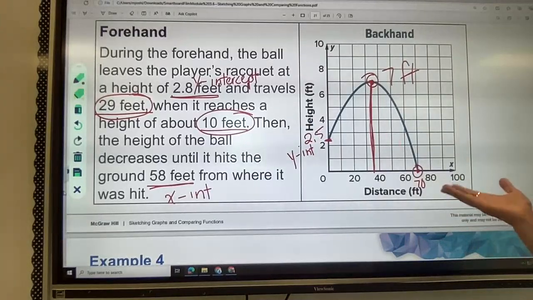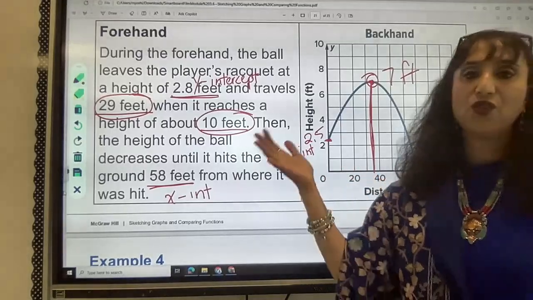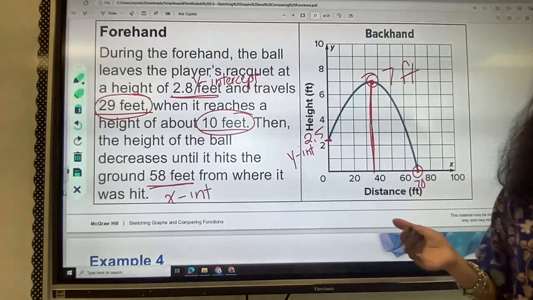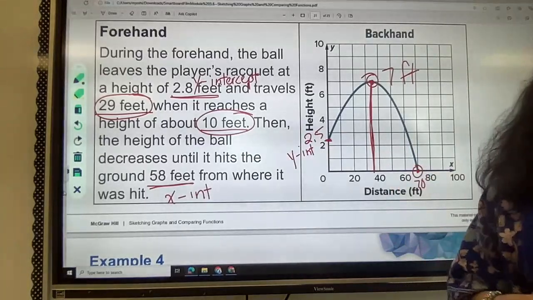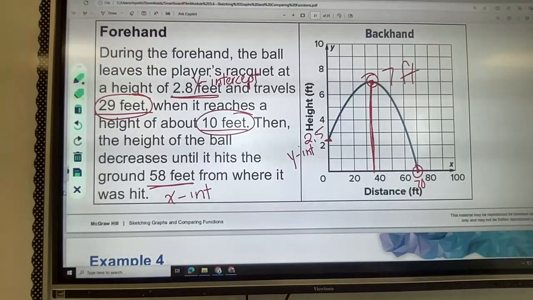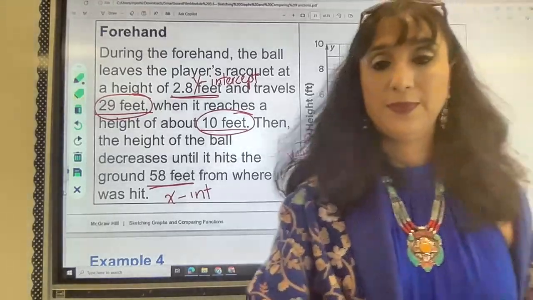So this is literally how we are comparing the two. One is written out, the other is a graph, but just by knowing the key features, we can easily compare the two.